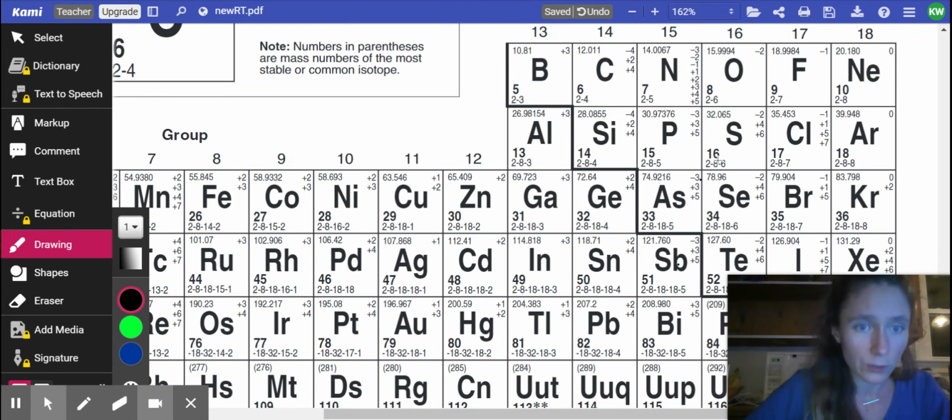So you have this neutral atom, sulfur, that is going to gain 2 electrons to be 2-8-8, and then it will be a -2 anion. And whenever an element is gaining electrons to become an anion, it's going to get bigger. So anions are bigger than the original atom.